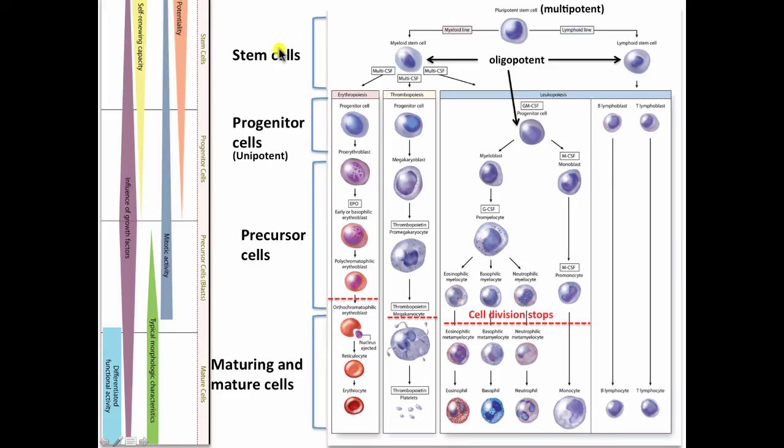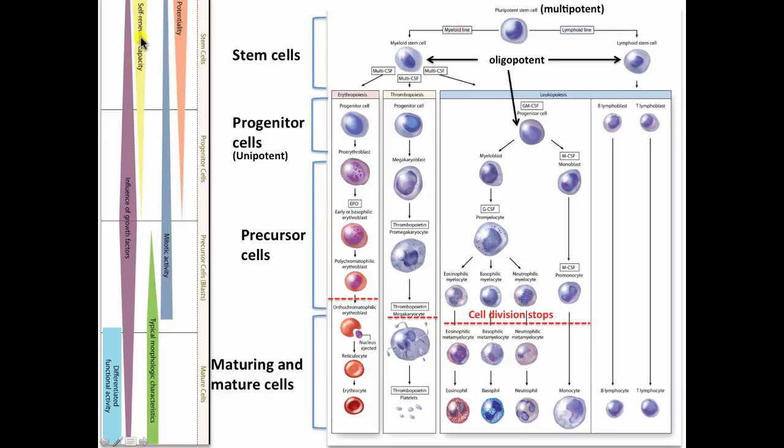For instance, stem cells, such as this multipotent and these oligopotent stem cells, have a very high potentiality, but that decreases once they get into the progenitor cell area. And precursor cells, even though they're capable of dividing, are no longer capable of giving rise to an earlier form of the lineage to which they are committed.